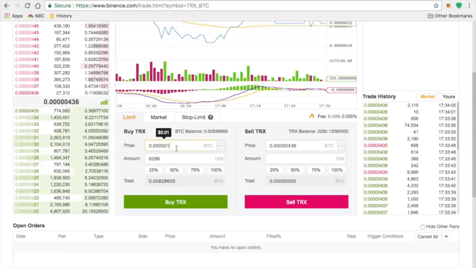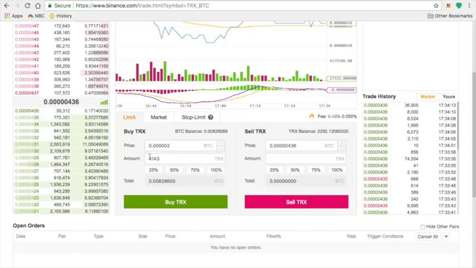If it gets to 0.2 cents, and I do 100%, that changes the number. Obviously, it cuts it in half, because the difference between 0.2 and 0.1 is half. So I'll go back to 0.1. It'll give me 8,286 Tron if it goes to that.